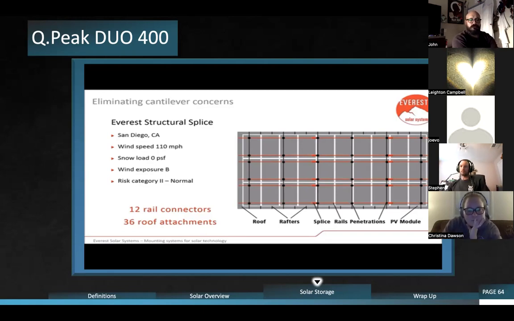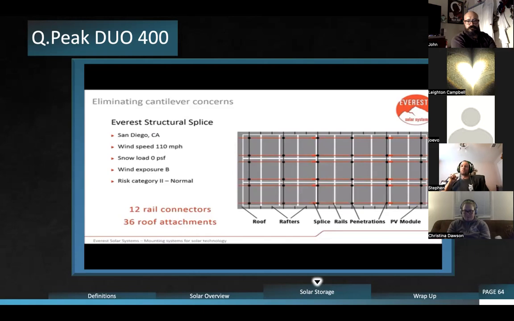Another benefit that comes with our splice is it eliminates the extra attachment that you're going to need for your cantilever. Say, for example, you're on the roof installing your array, and when you're about to finish, you realize that you don't have enough rail to add your last panel. Well, with our splice, you can just connect the splice, add a little bit of extra rail, and then throw your module on there without having to add extra attachments.